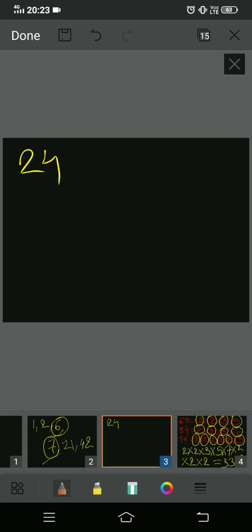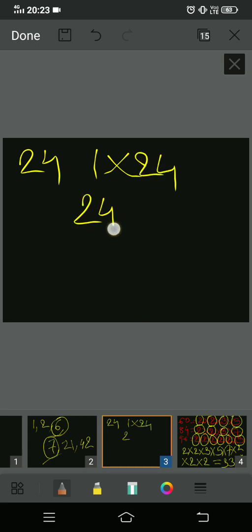So you just have to check different groups, where 24 comes. For example, 1 into 24 is 24, and 24 into 1 is also 24, isn't it, children?